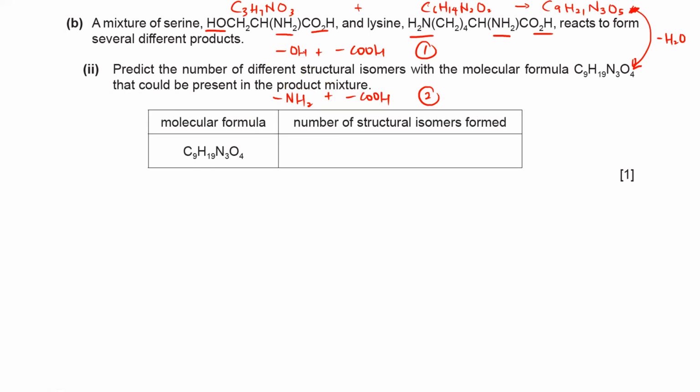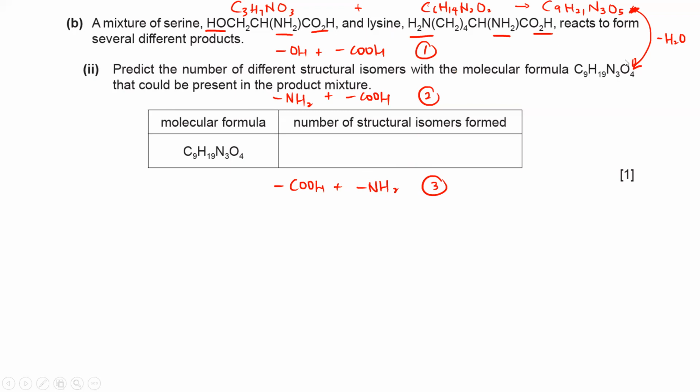So what other functional group from serine can react with a functional group from lysine in a condensation reaction would be COOH from serine and NH2 from lysine. So the product will be the third isomer with this molecular formula.